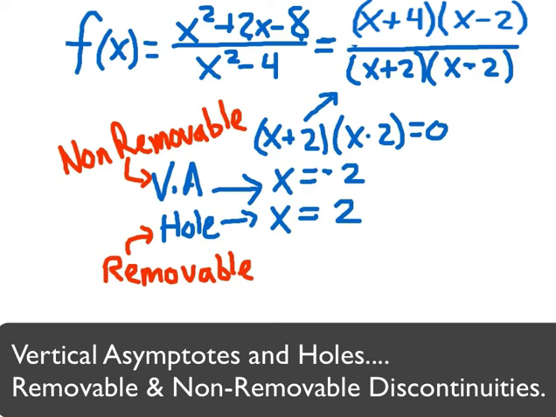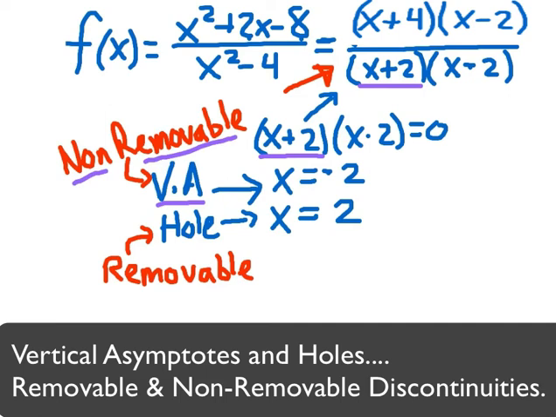So let's go ahead and look up at our function again and see if we can determine why we can also use the words removable and non-removable when looking at our function. So this factor right here, the x plus 2, gave us our vertical asymptote, which is non-removable.